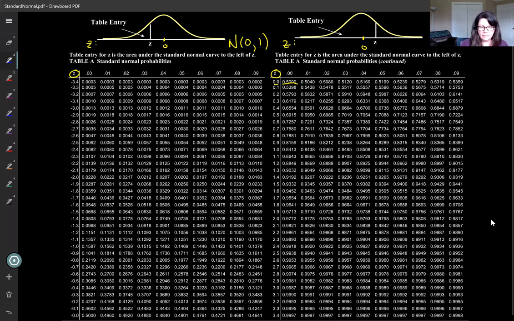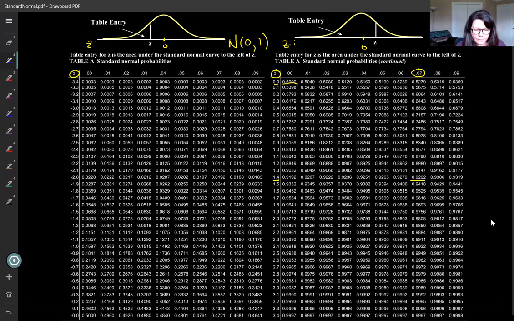Let's see if we can try another one. So suppose we have a Z score, again, these are Z scores, equal to 1.47. So you'll look up 1.4 is right here. And then to get the second decimal place, just look at the column 0.07. And the tabulation that corresponds to that is 0.9292. So what does that mean exactly?